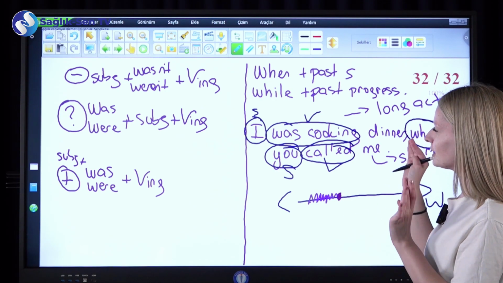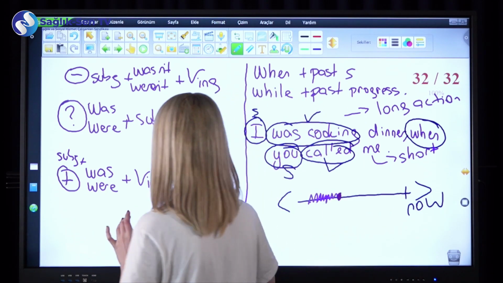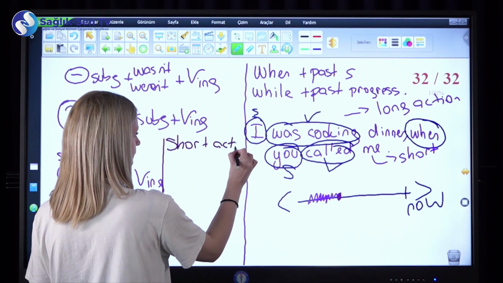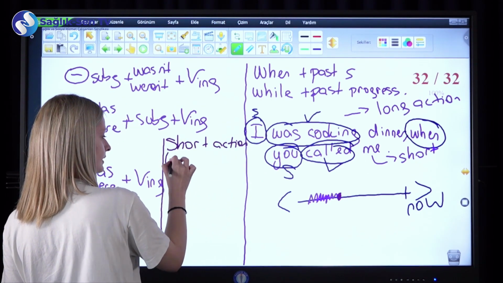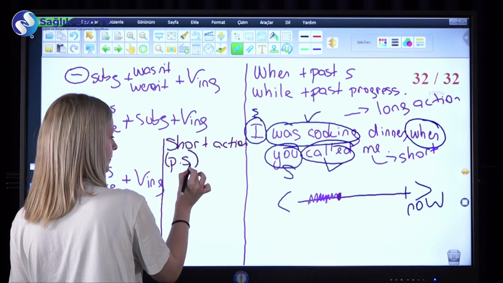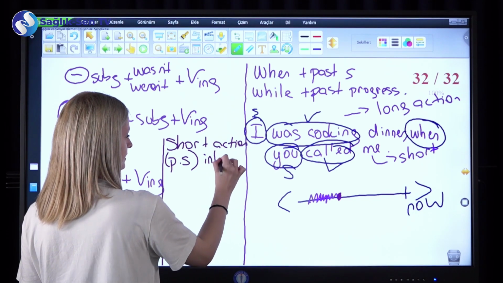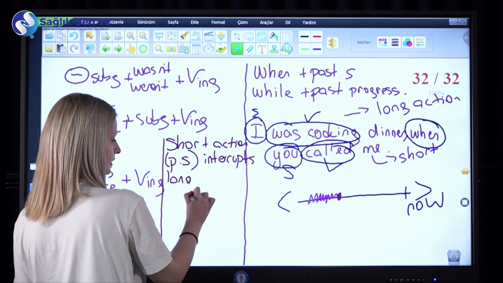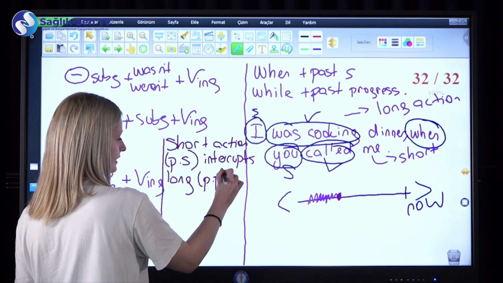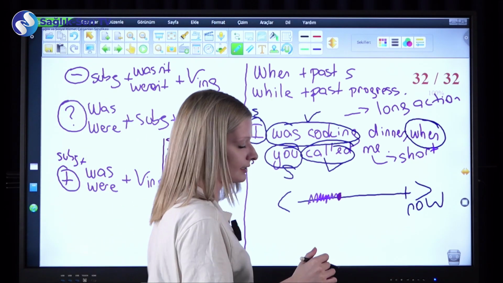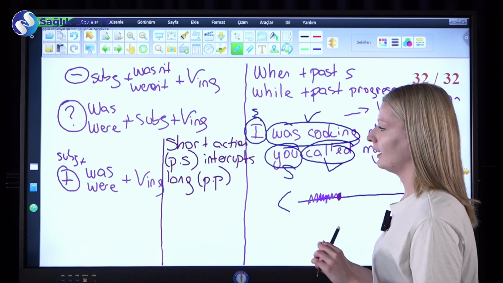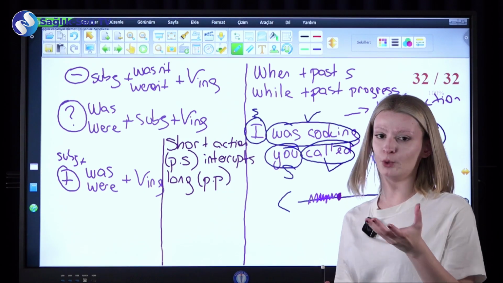So we can say that short action, which is past simple, interrupts long action, which is past progressive in the timeline. You have to decide which one interrupts which.